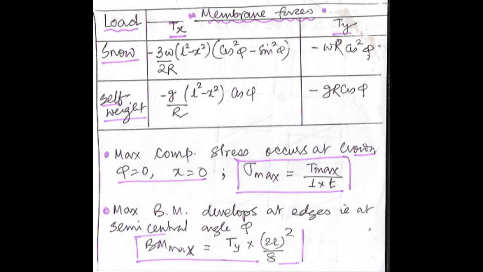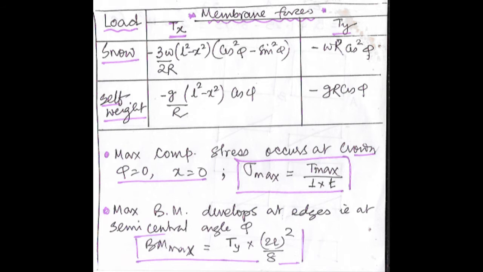In case of snow load, the Tx value is given as 3W by 2R within bracket L square minus x square cos square phi minus sin square phi, and Ty will be minus WR cos square phi. And for self weight it is minus G by R within bracket L square minus x square into cos phi, and Ty is equal to minus GR cos phi.